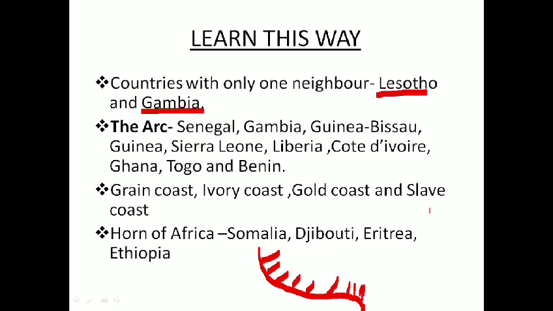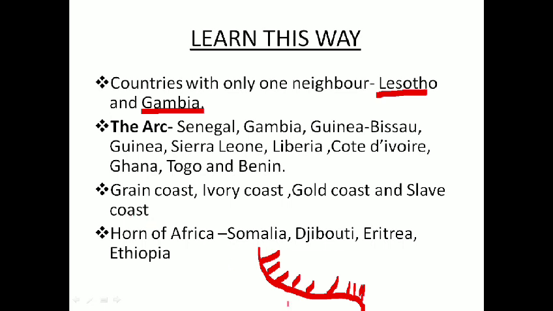At the same time, Senegal, Gambia, Guinea-Bissau, Guinea, Sierra Leone, Liberia, Cote d'Ivoire, Ghana, Togo, and Benin, these are the arc. At the same time, earlier we discussed the Grain Coast, Ivory Coast, Gold Coast, and Slave Coast.